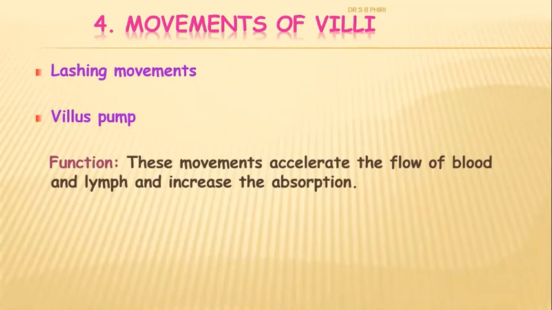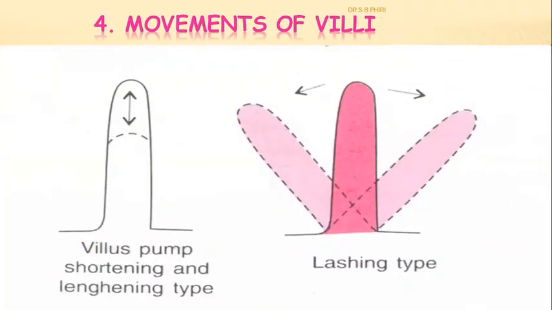So the movement of lymph is going to be enhanced by the movement of the villi. It's also going to increase absorption, because the blood flow is also going to increase. Here is the diagram that is showing the two types of movement.